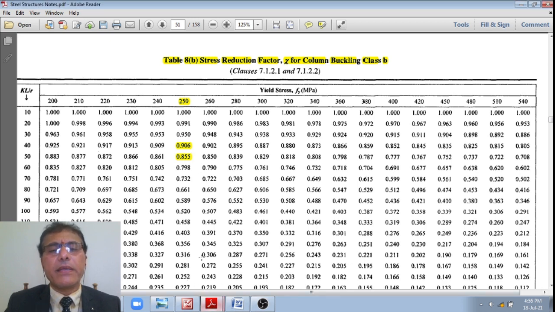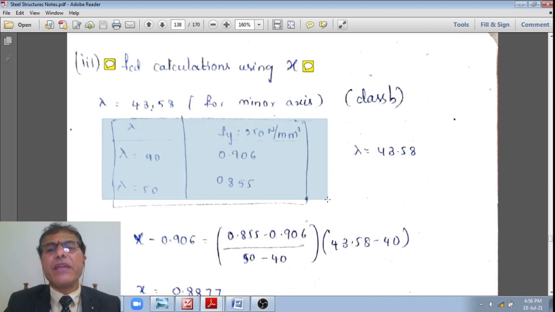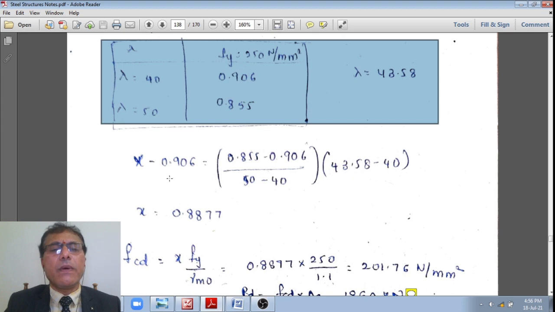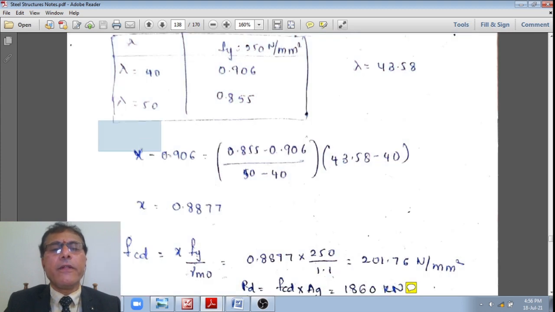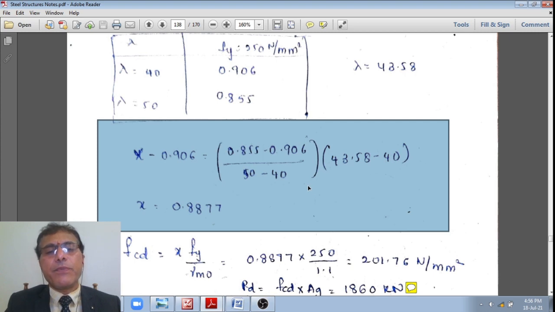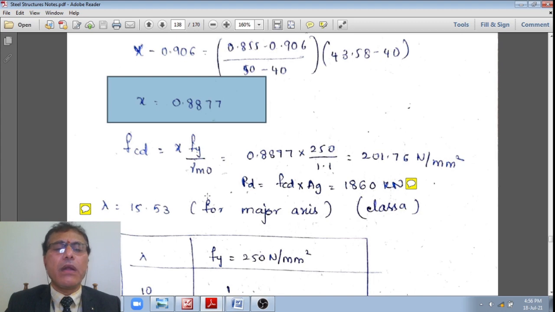If I interpolate for a 43.58 slenderness ratio, it works out to 0.906 minus the difference 0.906 minus 0.855 over a difference of 10, times the difference of 3.58. The stress reduction factor works out to 0.8877, a non-dimensional value.